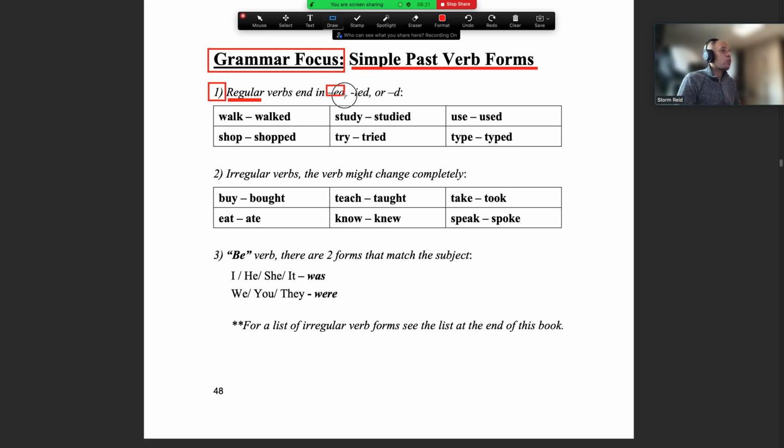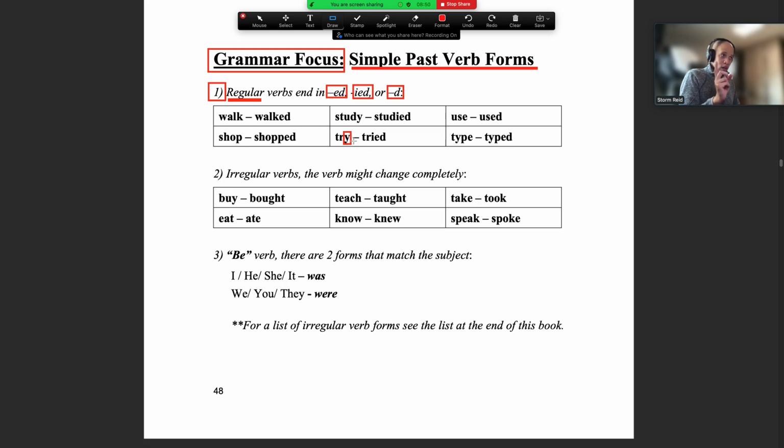Well, I have an option. I can add ed, I can add ied, or I can add d. Okay. Now, you could probably see that there are some rules that we can apply. Now, if you remember last class, one of the rules when we were talking about using s, es, or ies is the letter y, right?